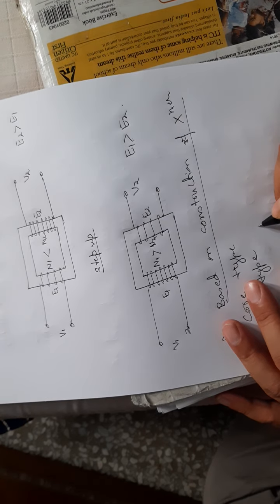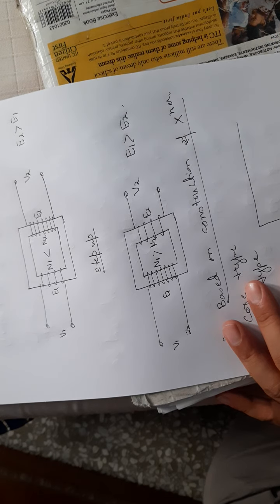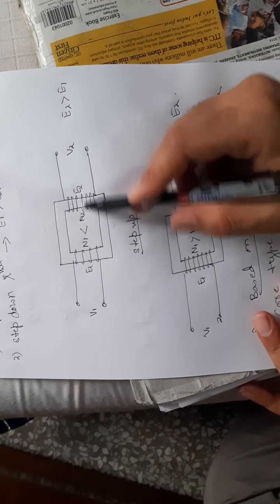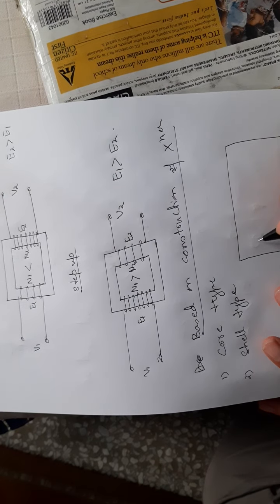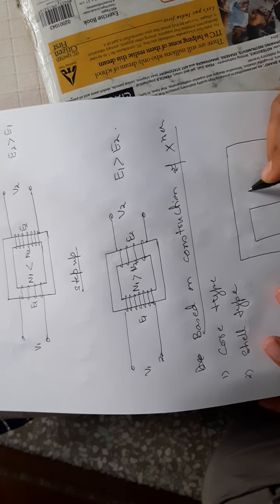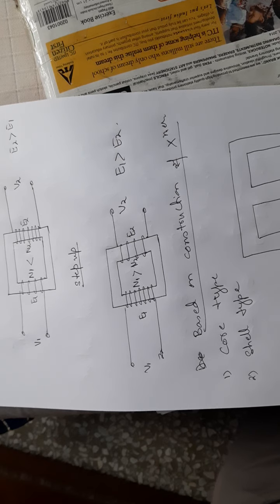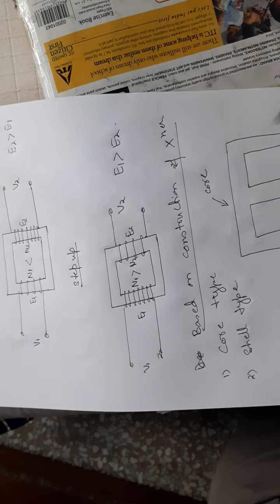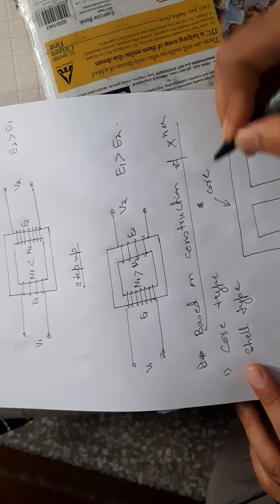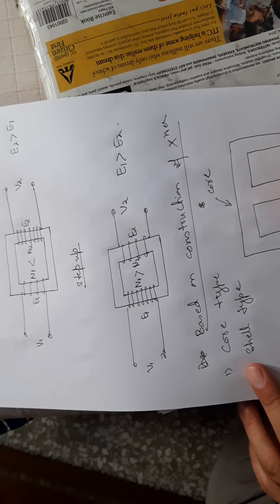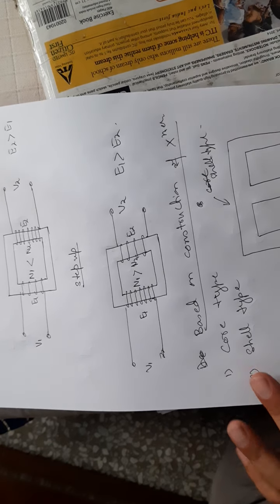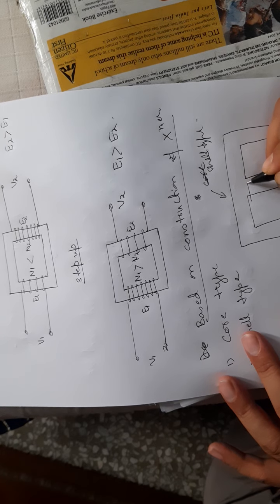Second is shell type. In a shell type transformer, instead of having windings on the two limbs, we have the winding on a single limb. So the core for that transformer will look like this. This is my core, made of soft iron, but this core is of shell type. I have some windings here.